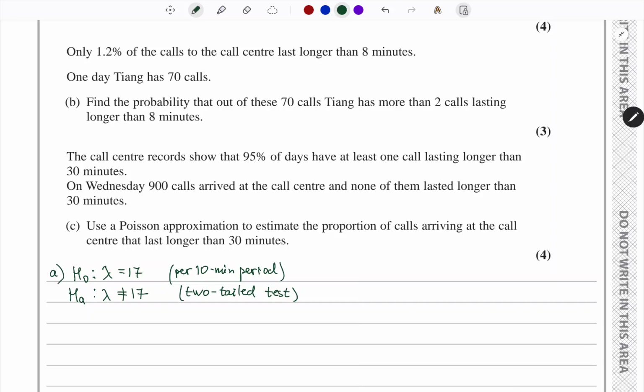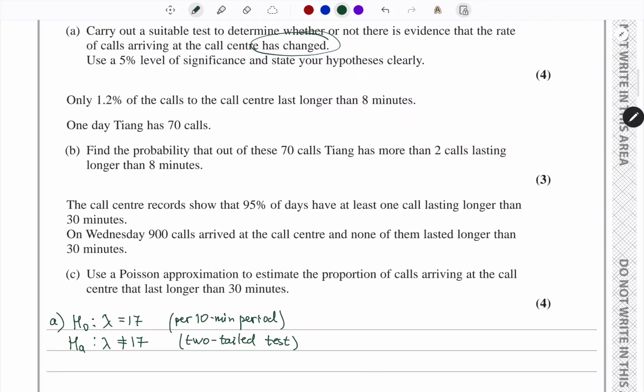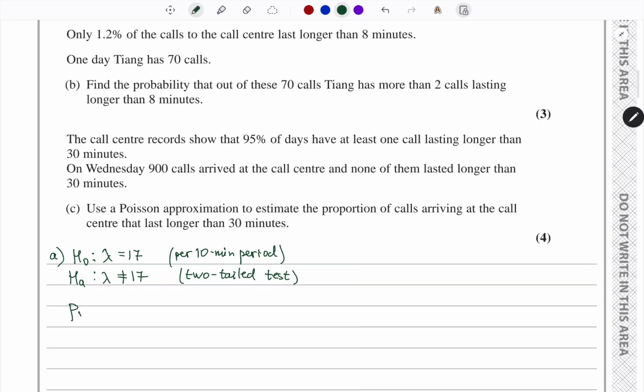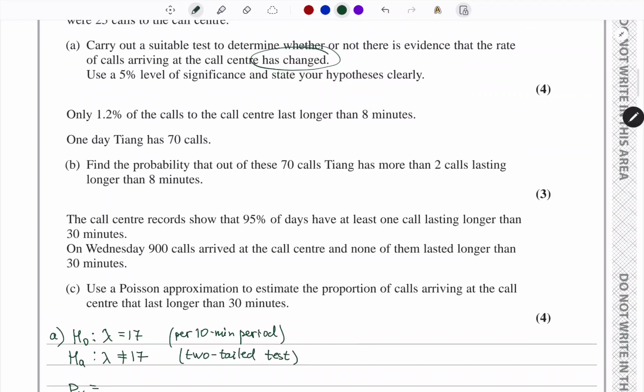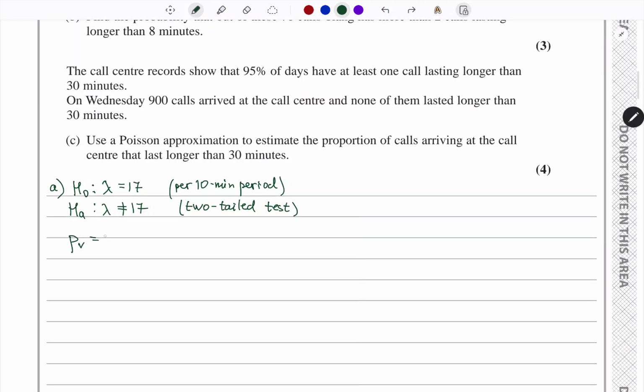We can carry out a suitable test by determining the p-value. The p-value consists of two parts. It was 25 calls to the call center, so my p-value consists of two tails. Let's draw a figure to represent it.